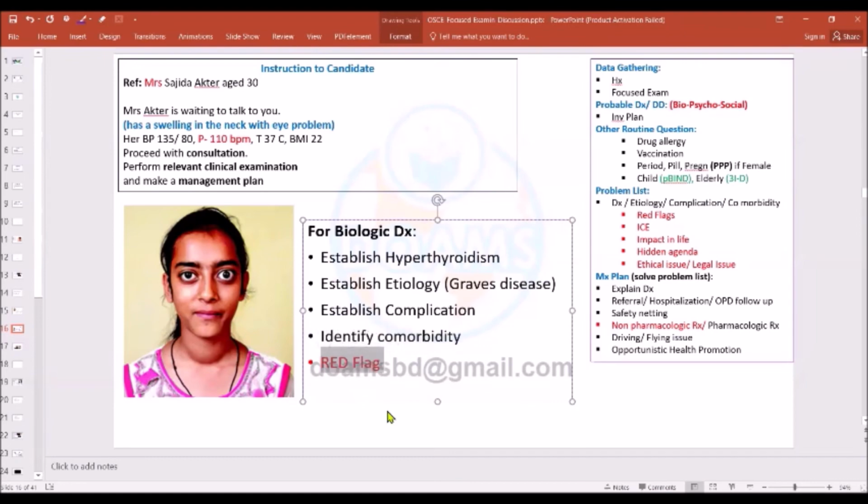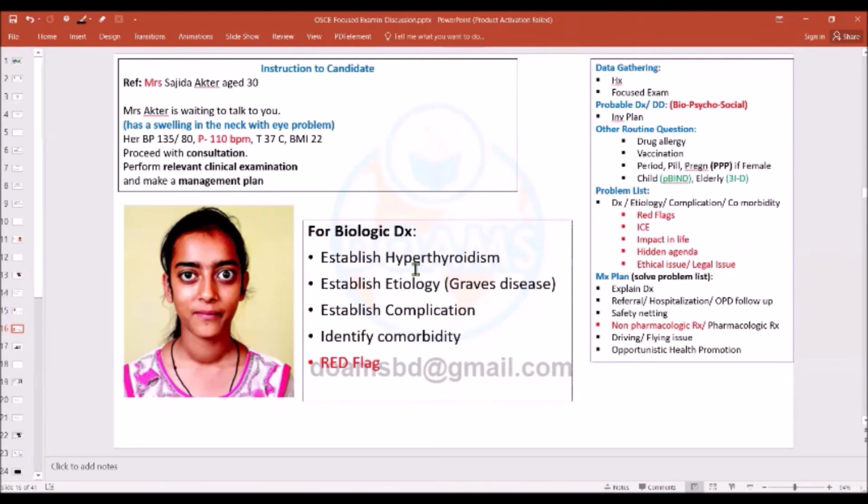If you say on average a minimum of 2 signs, it will be 10 signs. If you say a minimum average of 3 signs, it will be 15 signs. But you can create 30, 40, 50 signs also in Graves' disease and hyperthyroidism. It will not be time effective for you. For this reason, my beloved colleagues, I like to say, try to identify a minimum of 2 signs or at best 3 signs for each headline. And this is basic, doctor.